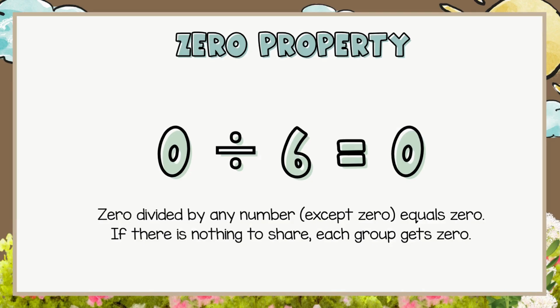That means that if we have nothing to share, but we have a divisor, then our answer will be 0. 0 divided by any number except 0 equals 0. That is the rule. If there is nothing to share, each group gets 0.